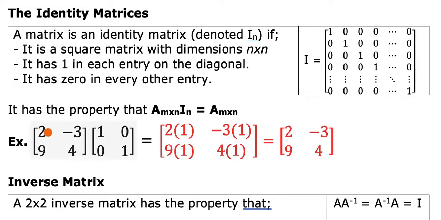So it has the property that if you take a matrix and multiply it by the identity matrix, notice that this I sub n is an n by n matrix, so this would be a compatible multiplication. And the product would be then m by n, the outer dimensions. So taking a look at this example, when you do matrix multiplication, our result is that initial matrix. So it behaves like 1 in that sense. For example, 1 times 10 is 10.